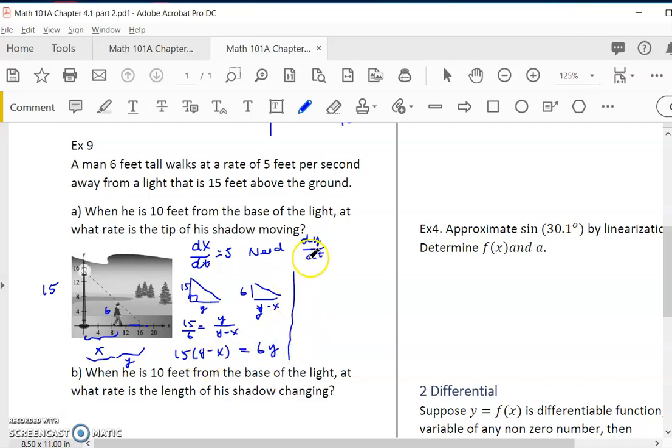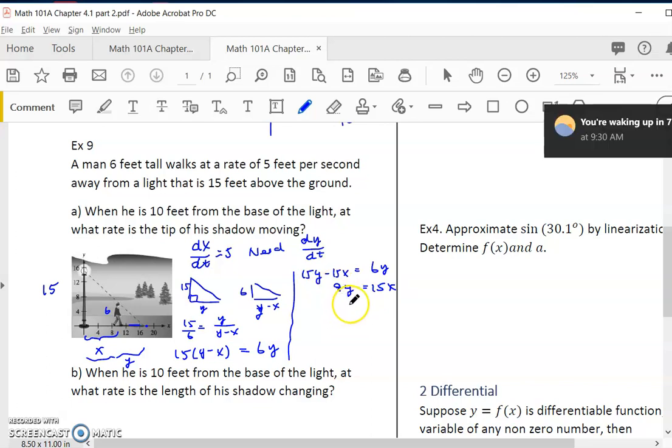So then we would say 15y minus 15x is equal to 6y. Rearrange them, so 15x is on this side. 15 minus 6 is 9y.